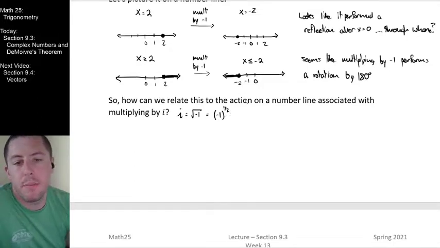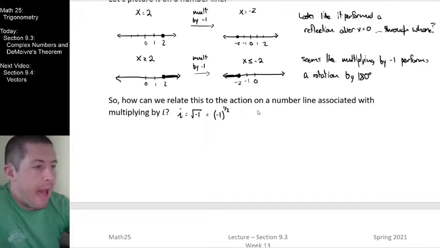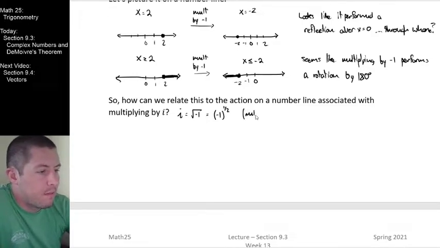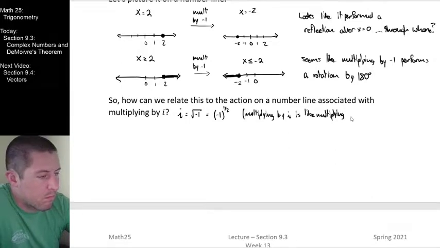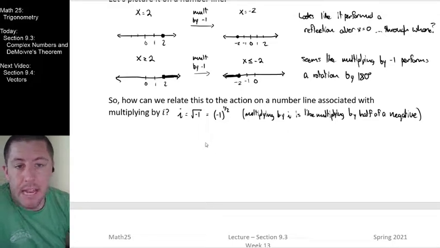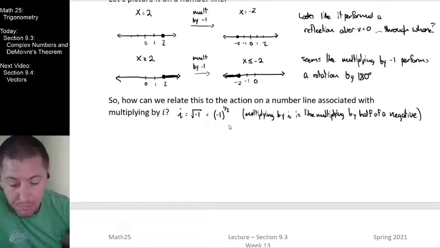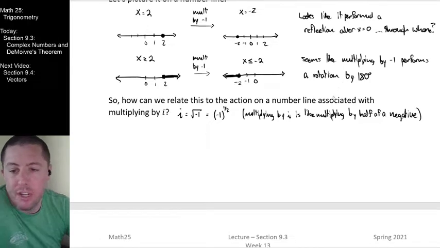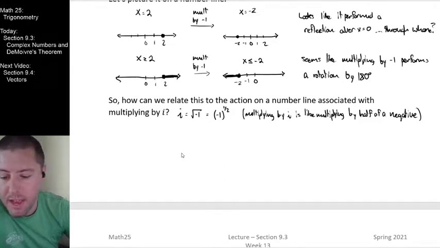So in a sense, when you multiply a number by i, it's like multiplying by half of a negative. And if it's like multiplying by half of a negative, then maybe we should only do half of the rotation that we saw was previously associated with multiplying by -1.